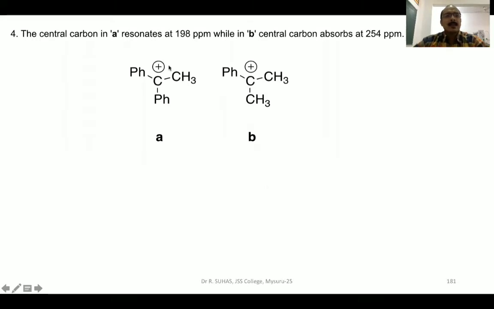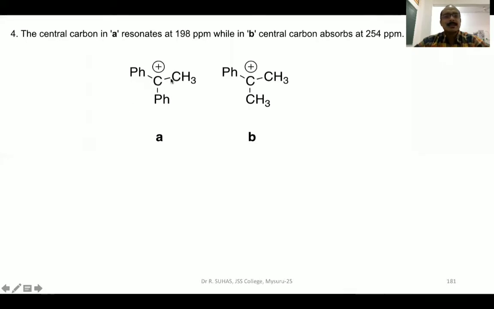Next problem: the central carbon in A resonates at 198 ppm, while in B the central carbon absorbs at 254 ppm. Why? This is the carbocation based on substituted methane.